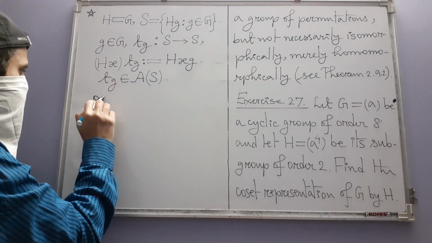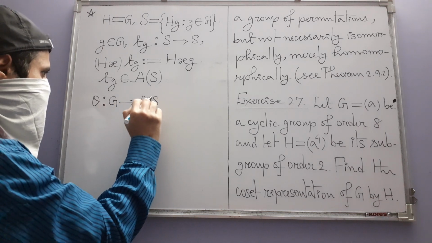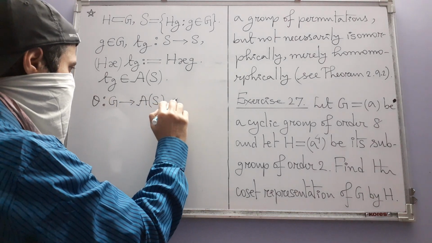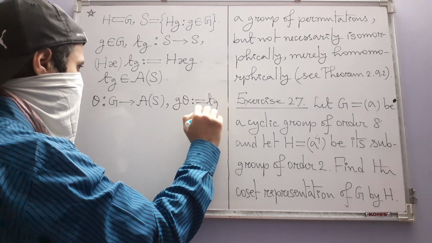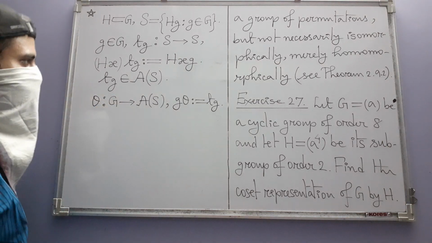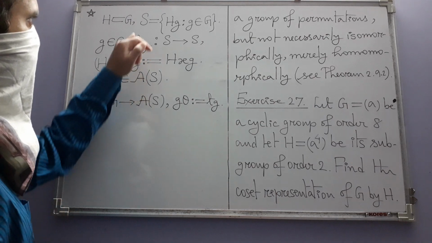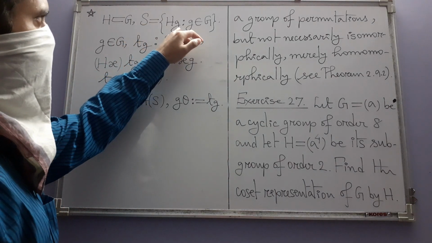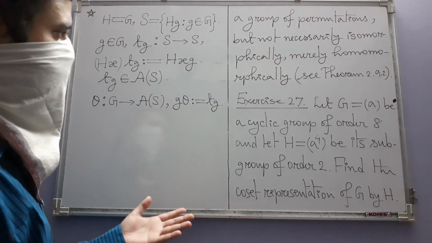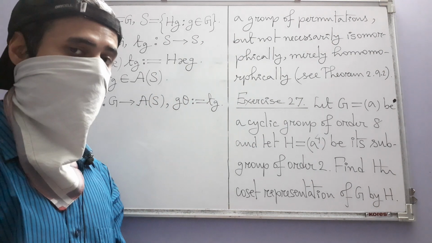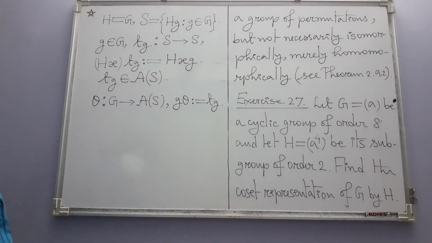That function is of course this, whose definition is just this. This is the coset representation of G by H because in the set S we are considering the right cosets of H, and that is why, because cosets are involved, this is called the coset representation of G by H. Okay, now let us start the solution.